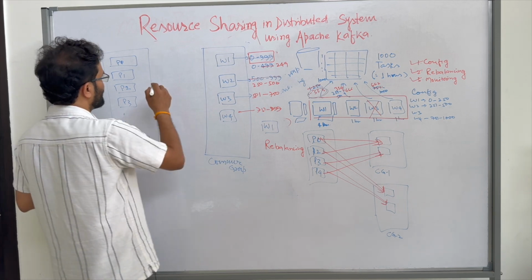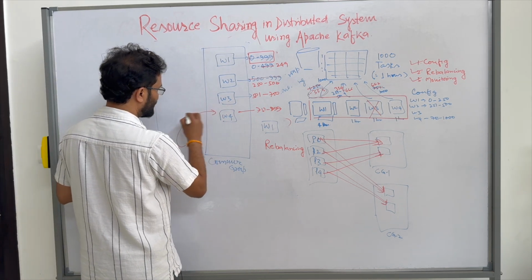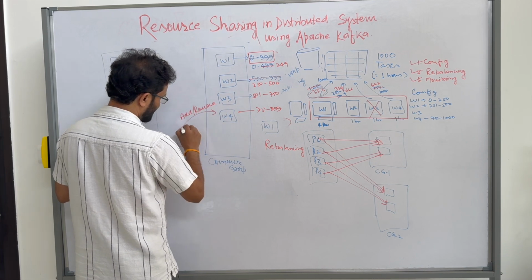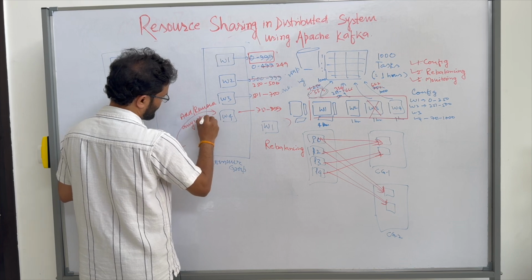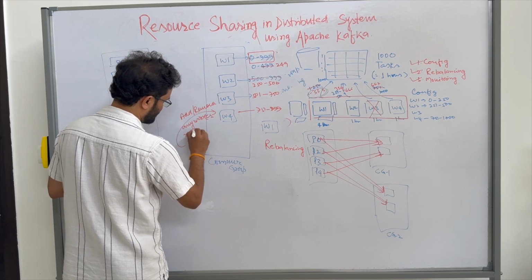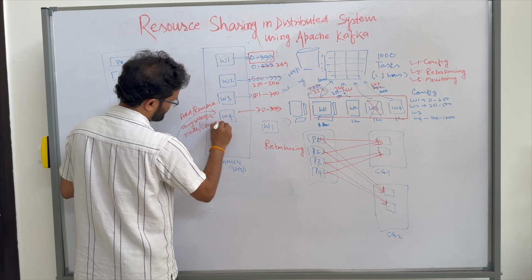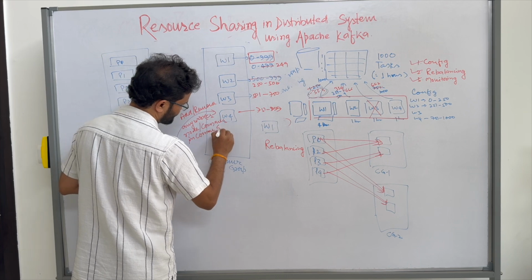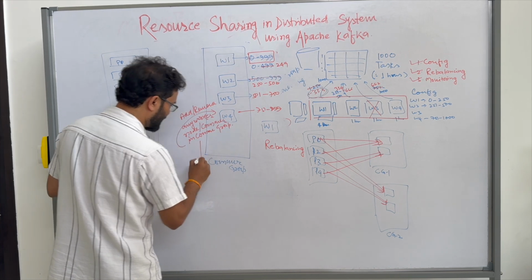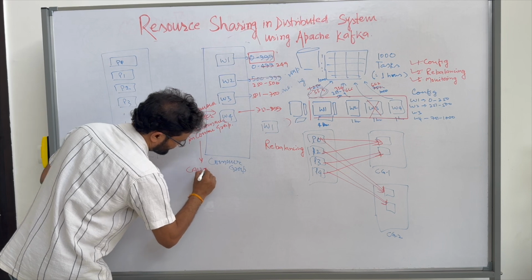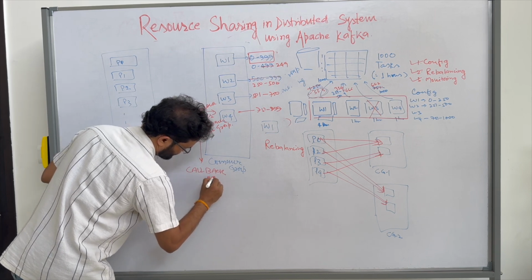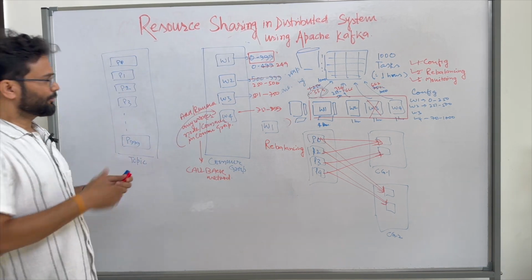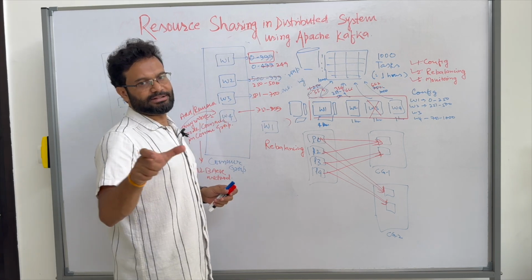Because what happens the moment you add or remove any worker node or consumer in the consumer group, they will pass one callback method, and in this callback method you will be notified of what your range is.